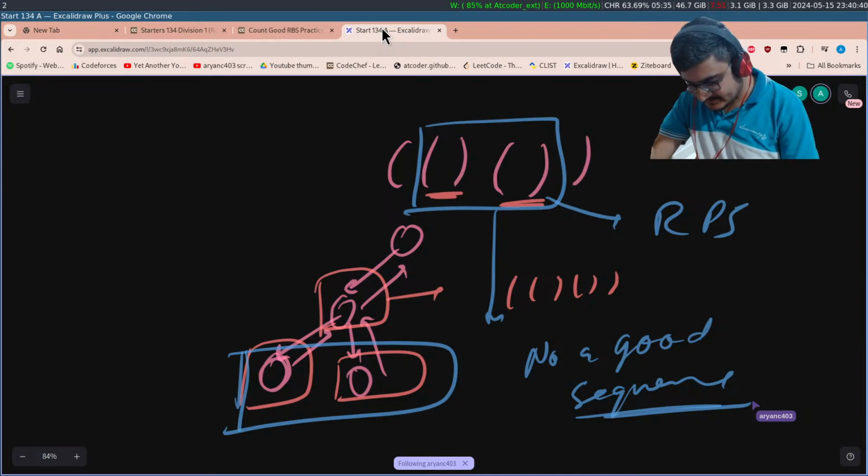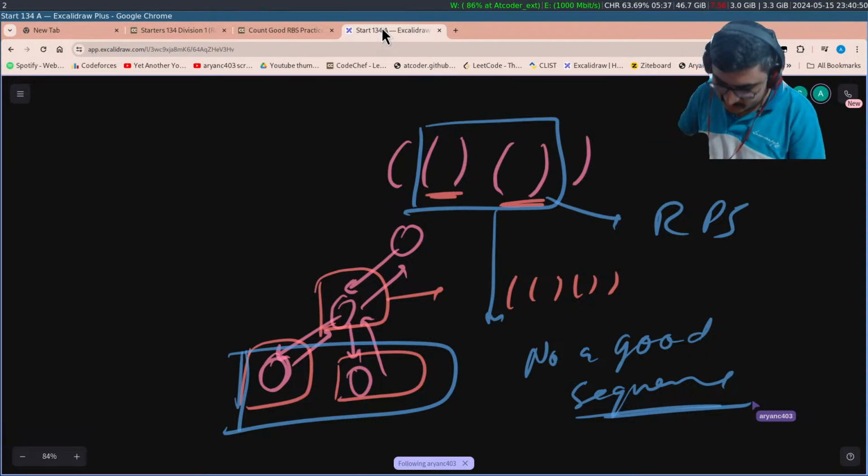The idea is that now we should count the number of subtrees which are exactly identical to another subtree. Or probably the other way is that we can use the small to large technique.